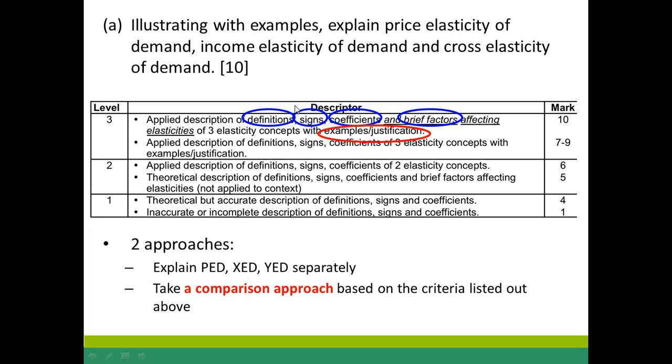Okay, so in each of these criteria, you get a chance to compare and see how the three elasticity concepts differ or are similar. I felt that this approach would be better for revision purposes. Okay, I will not have too many examples, but in your essay you should include examples. I'll just leave the examples to you.